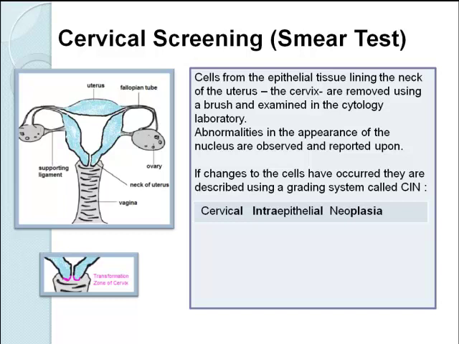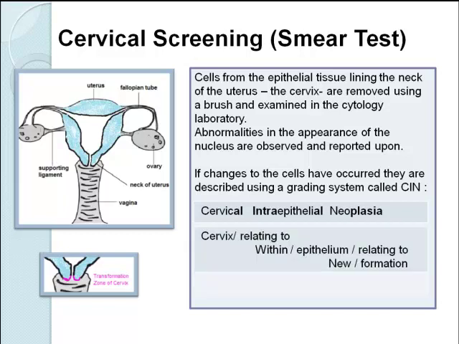The epithelial part is the epithelial tissue, or the epithelium, and intra means within. So within the epithelial tissue or cells, they're looking for neoplasia, new formation or new growth. So changes is a simple way to describe it.